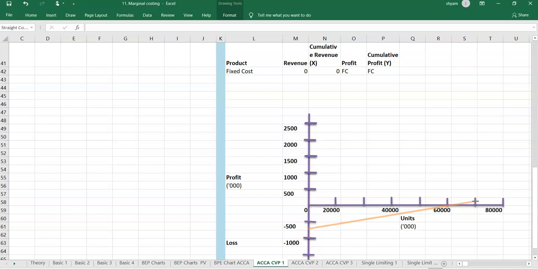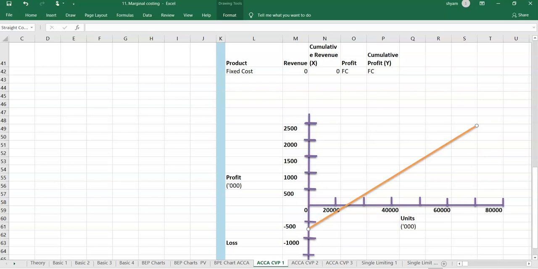This is 60, this is 70, so I think this is the correct point, therefore it becomes 80. And 2520 should be here. This is 500, 1000, 1500, 2000, 2500. So this is the line.